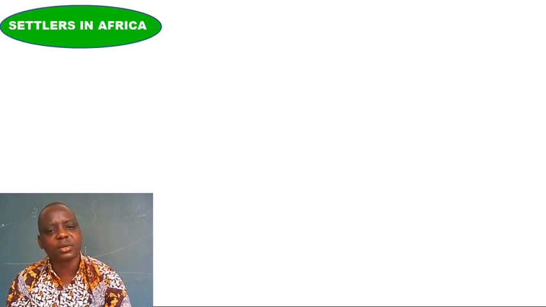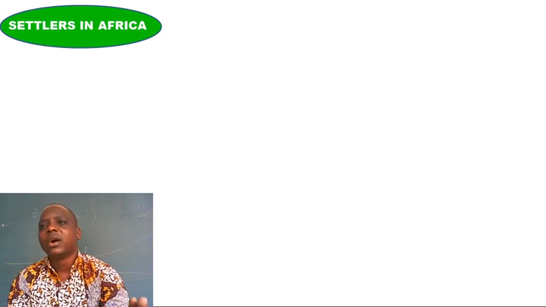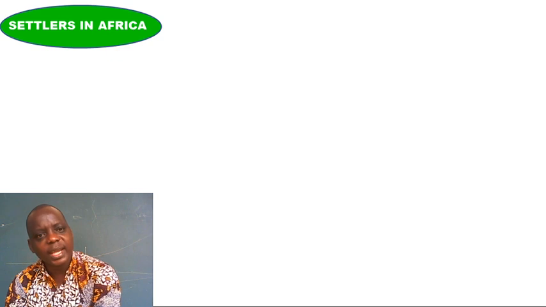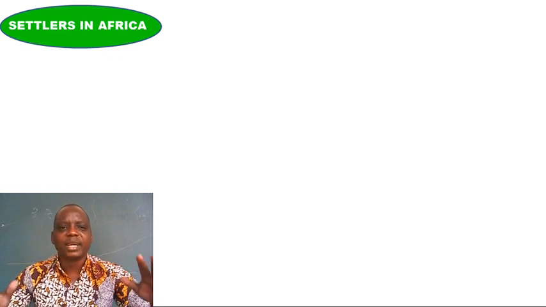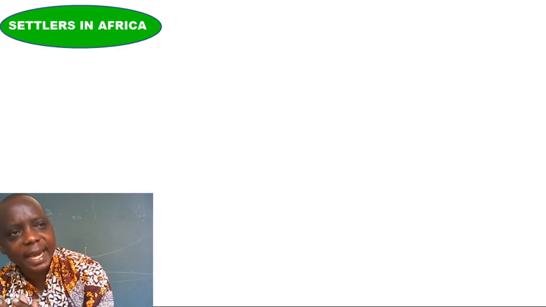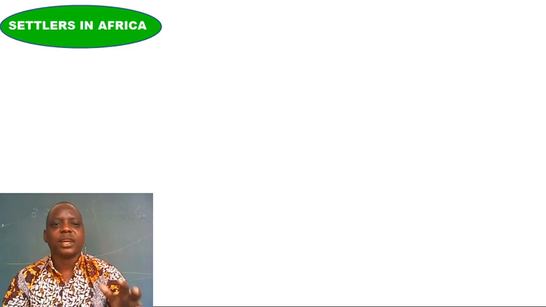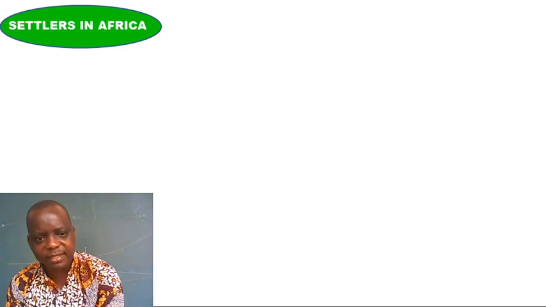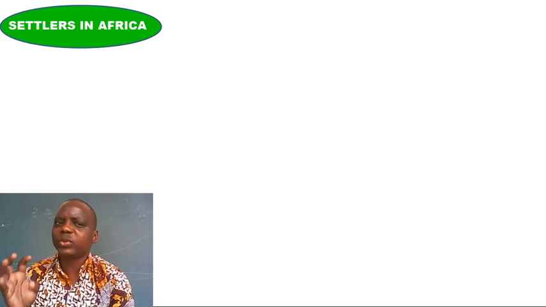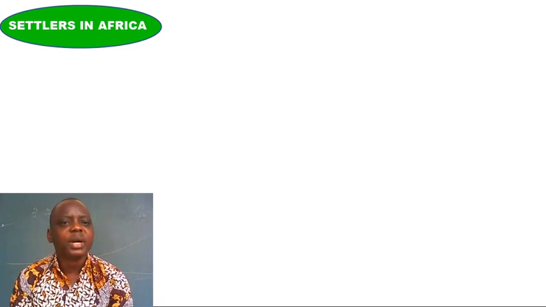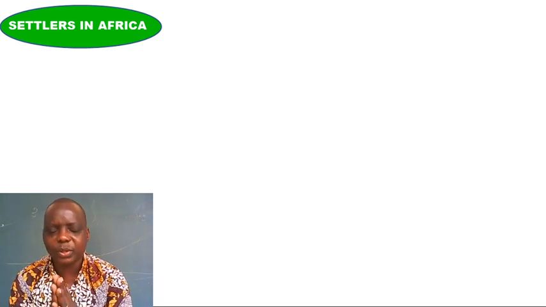We have two categories of people to look at. We have the Asians, under whom we have the Arabs and the Indians. They came and established their settlement in Africa, and these were the very first group of people that came to settle in Africa.